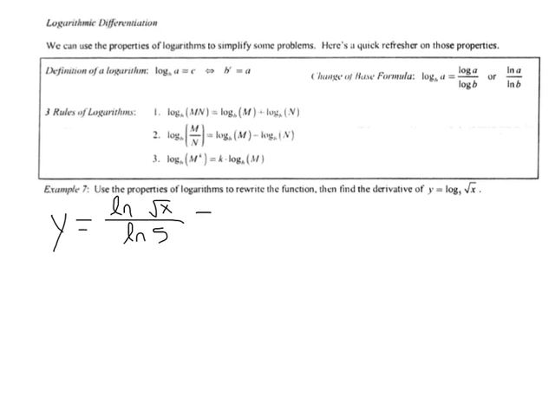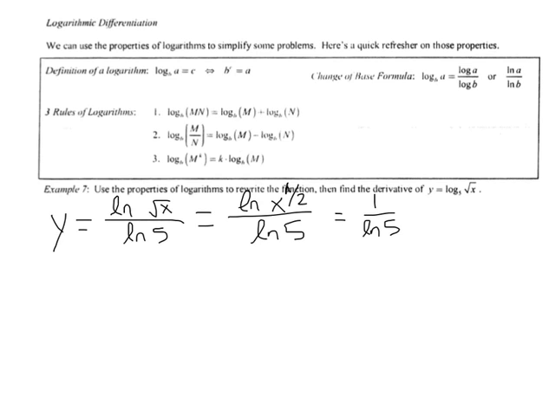First thing I'm going to do is take the square root of x part and instead of saying square root of x, we're going to raise x to the 1/2 power. And now I'm going to think of natural log of 5 as just a number. It's going to come out to the front as a coefficient.